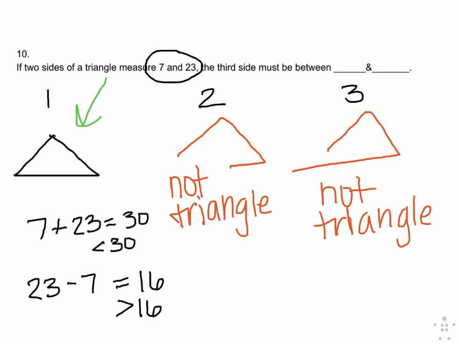So if we wanted to write this inequality, let's say that the third side is x. We know that x is going to be between 16 and 30. So 16 is less than x is less than 30. So here you could say that it's between 16 and 30.